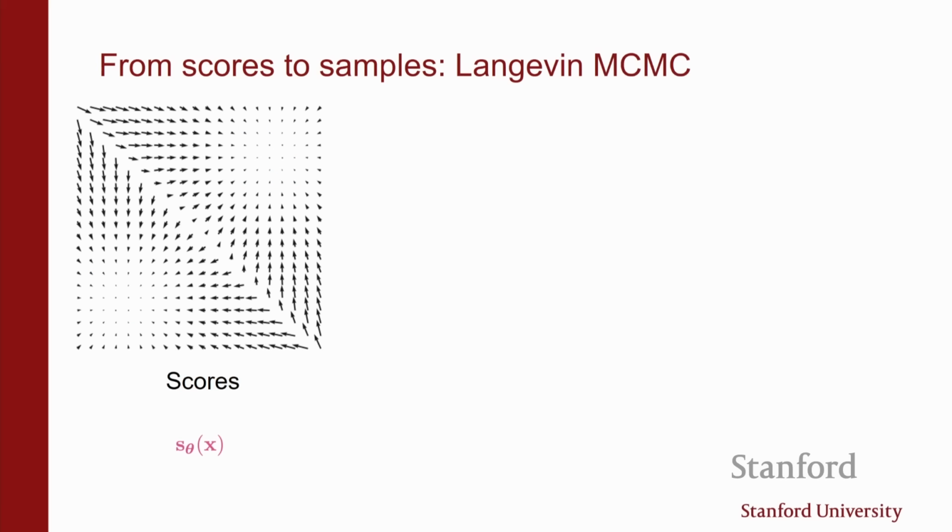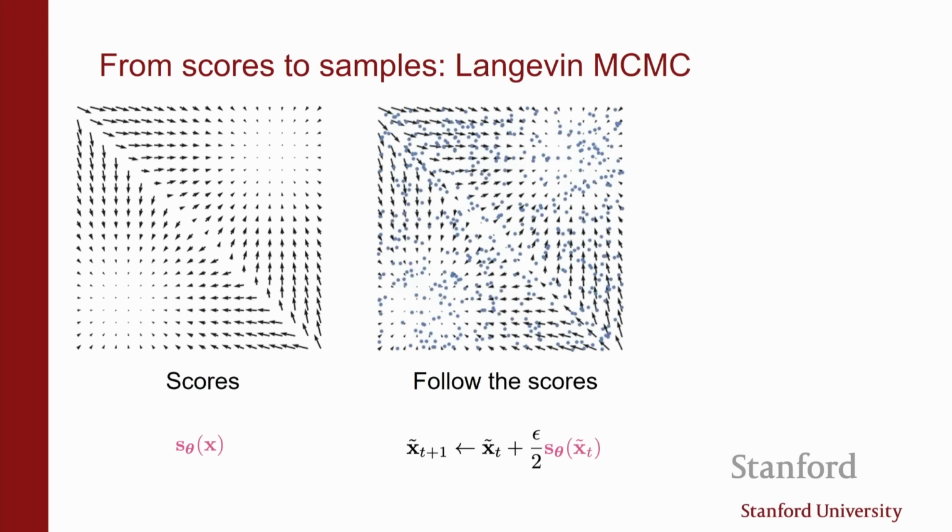The intuition is that the scores are basically telling you in which direction you should perturb a sample to increase its likelihood most rapidly. So you could imagine a basic MCMC procedure like what we talked about before, where you initialize particles at random. Here I'm showing multiple particles, but you could imagine sampling x0 from some initial distribution.